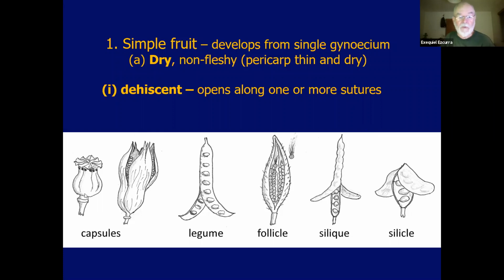The most common type of dehiscent fruits are the capsules. Capsules are formed, for example, in plants in the lily family. Capsules are formed by 3 carpels. Remember that the carpels in the lily family are in multiples of 3. And the 3 carpels are fused. The seeds are inside.